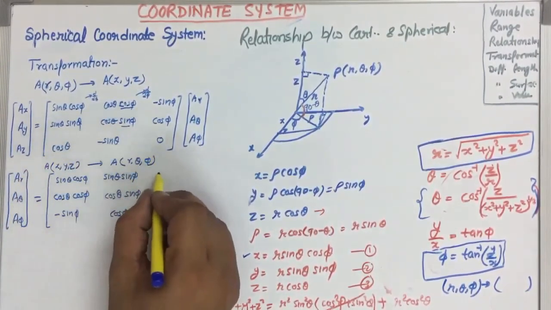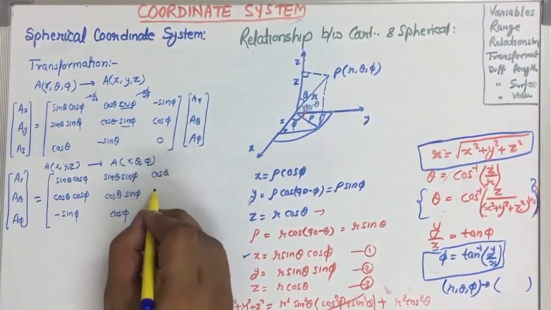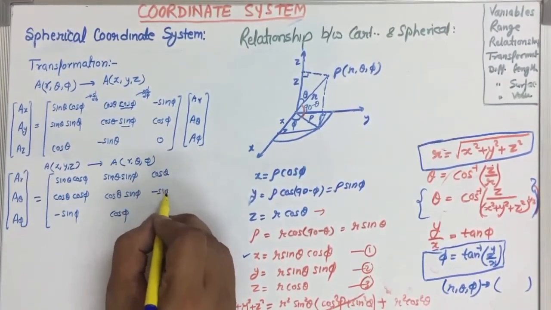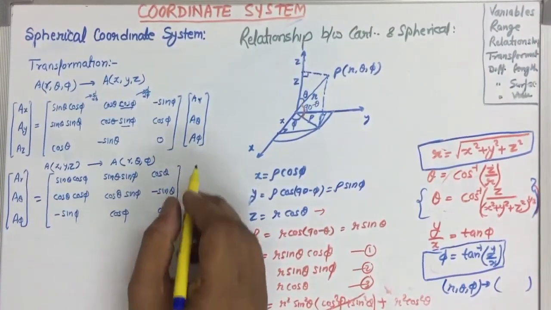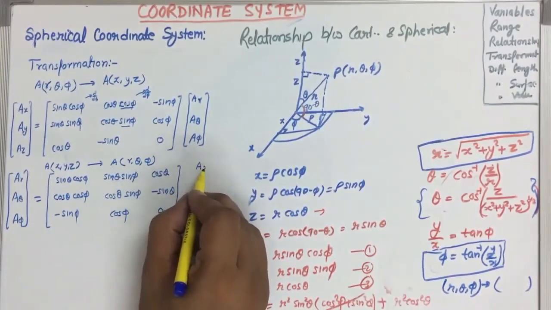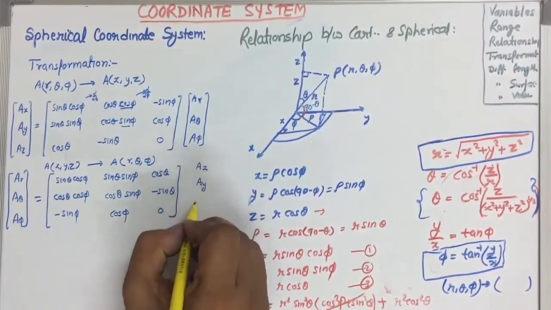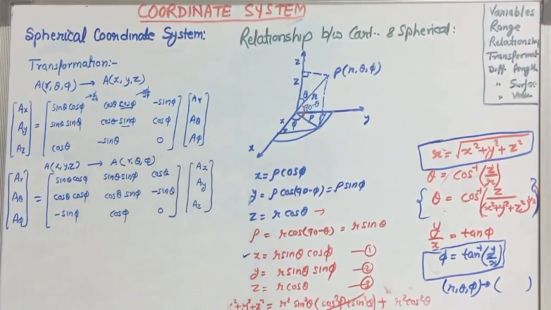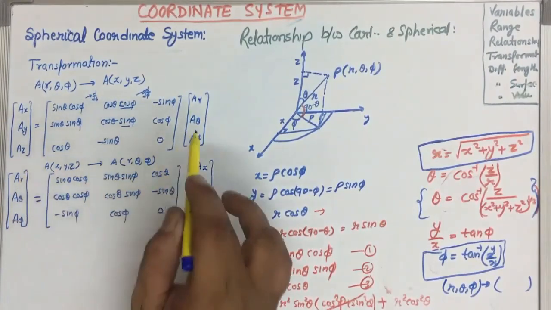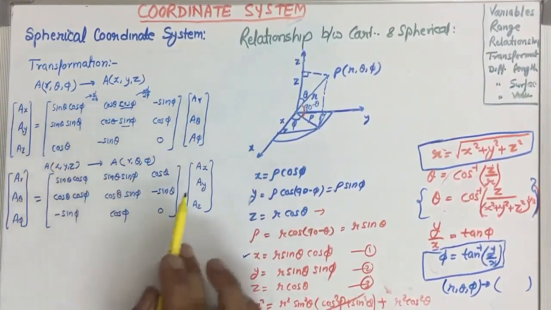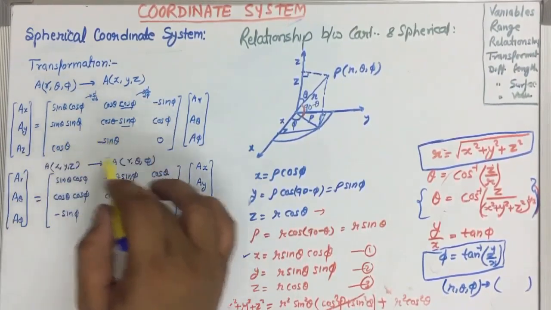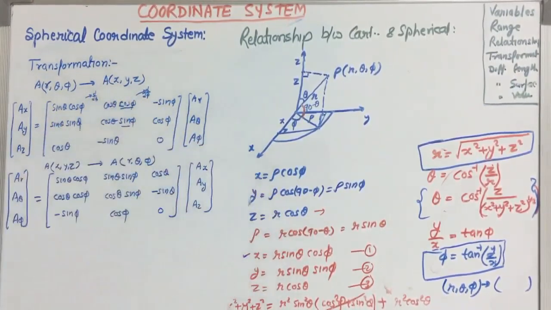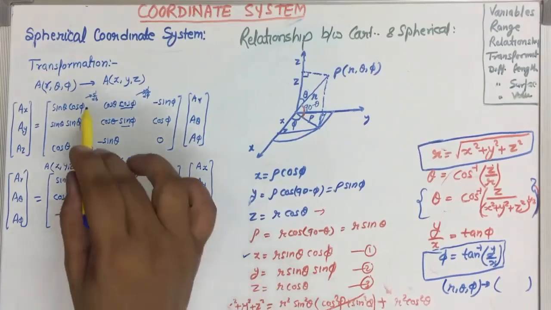The third row will be the third column: minus sin phi, cos phi and 0. And these are the quantities that are being transformed. So in this way you can transform spherical to Cartesian and Cartesian to spherical with the help of this transformation matrix. And how we have written this transformation matrix is explained with the help of this.